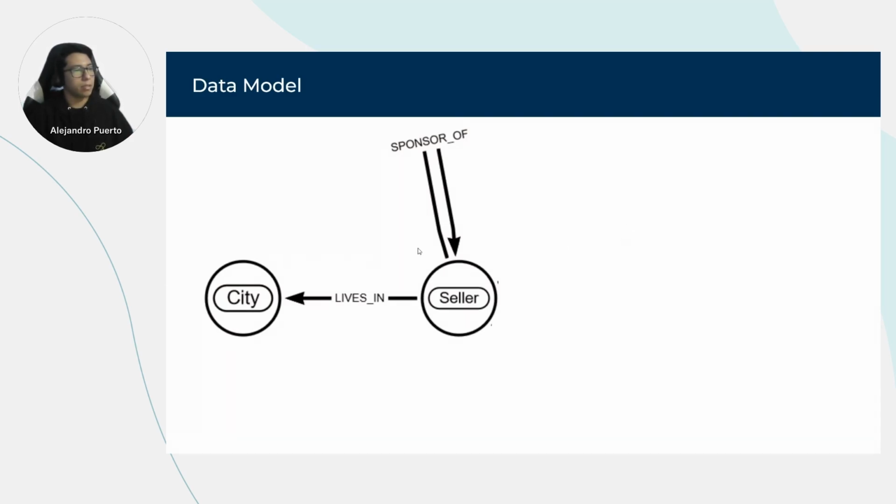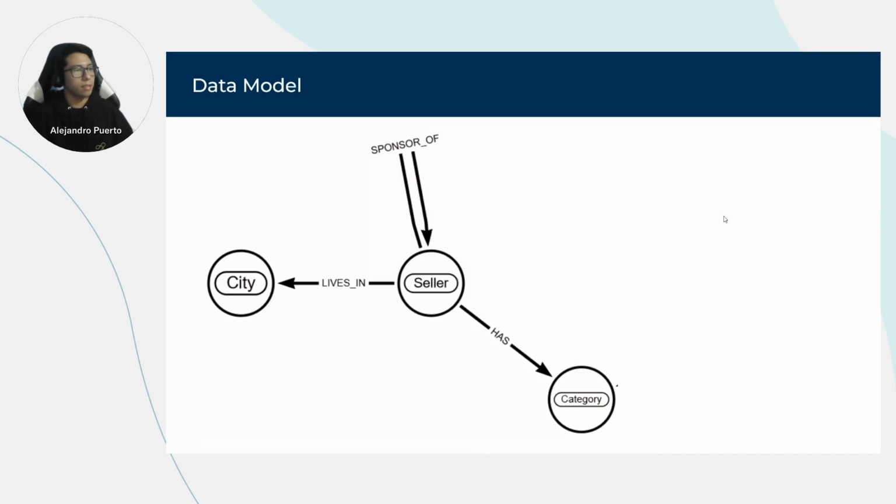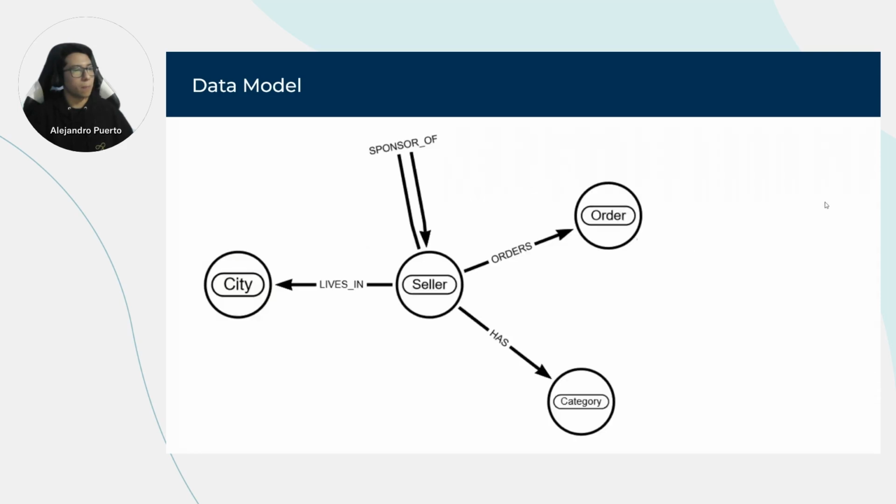So we identify that relation as well, and it helps to expand data for geographical strategies, or to know in what city most products are sold. Then a seller has a category, which are the levels of seniority.